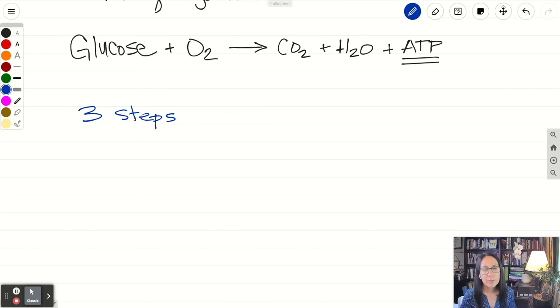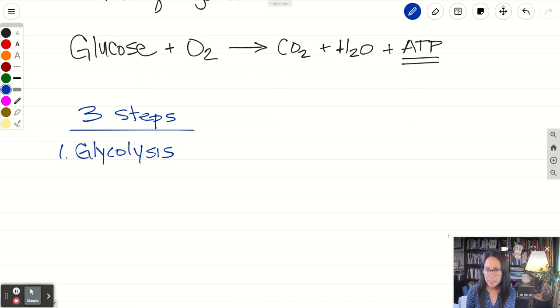If you are interested, there are lots of YouTube videos and textbooks out there that have all this. The first step is called glycolysis. Glycolysis is step number one.